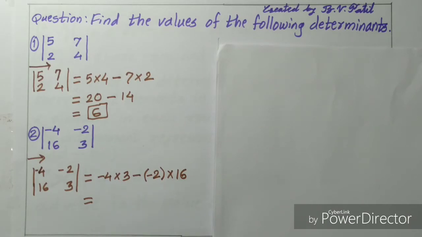Multiplication: -4 3s are 12, 16 2s are 32, and minus minus becomes plus. Then what is the answer? Opposite signs indicate subtraction. Subtraction, we get 20, and the larger number's sign is positive. That is the value of that determinant.